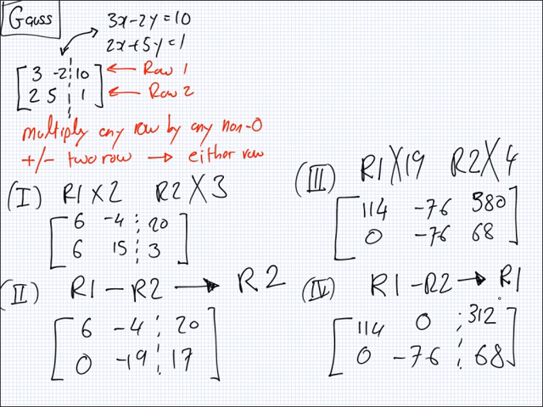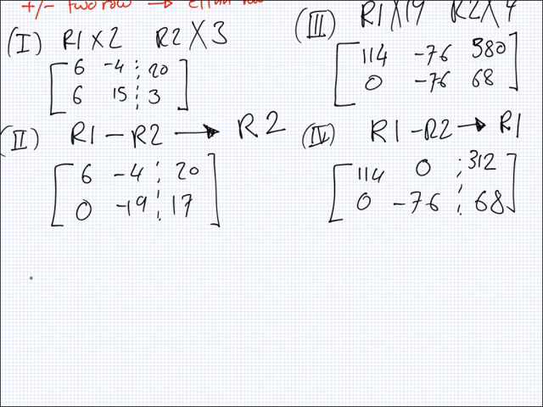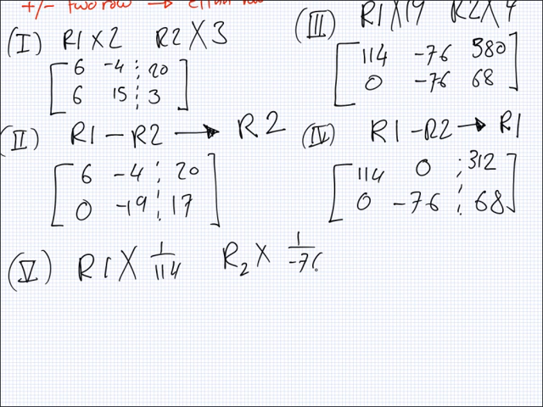And then 380 minus 68? 312. And then finally, last step, step 5. I'll do row 1 divided by, or if you prefer to think about it like this, multiplied by 1 over 114, and row 2 multiplied by 1 over minus 76.